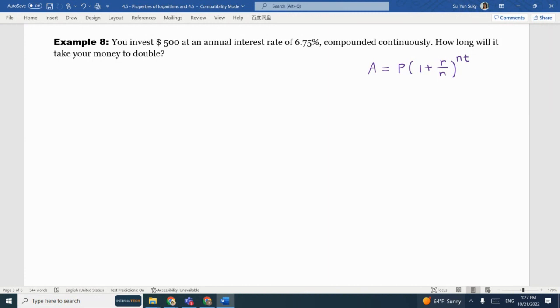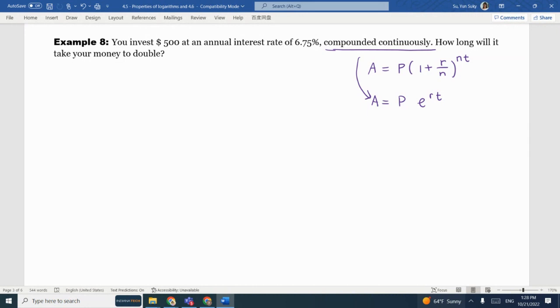We use this formula if it's compounded quarterly or monthly, and then n is the number of compoundings. Do you remember that? And the other formula is if it is compounded continuously, then A equals P times e to the rt. Right, everybody?